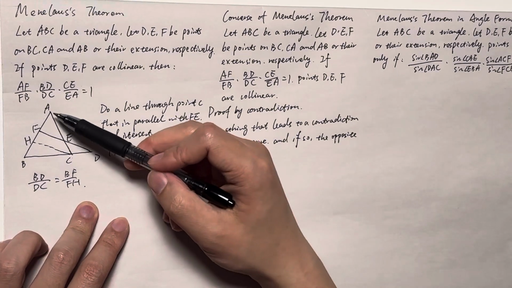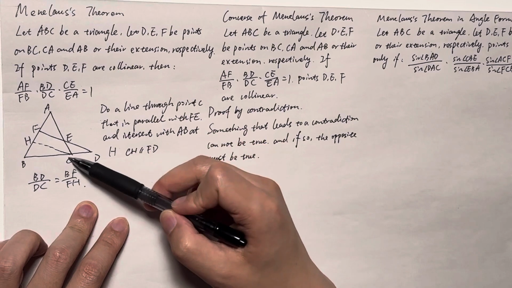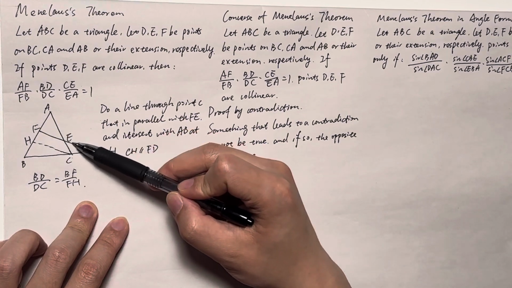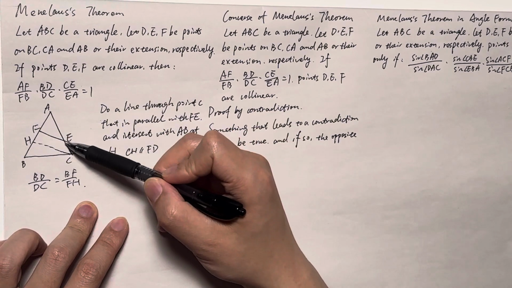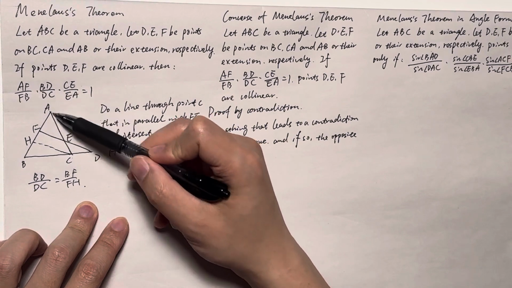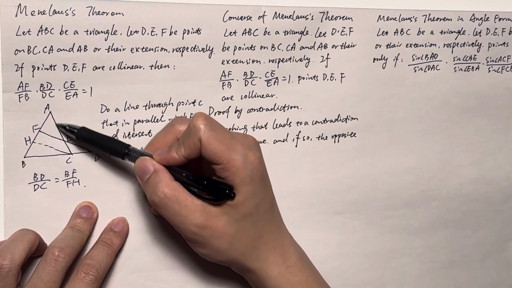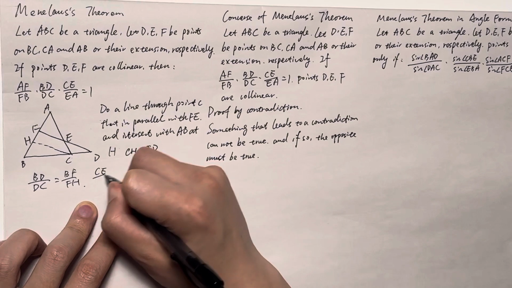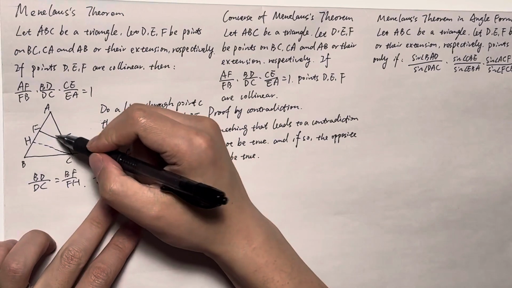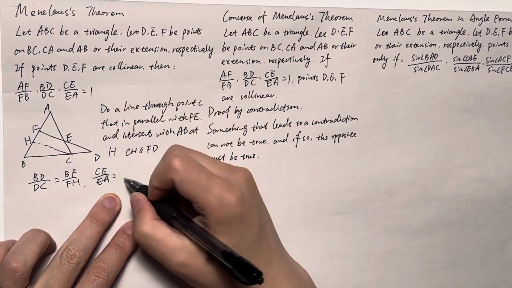Also in the triangle AHC, because HC is parallel with FE, CE divided by EA equals HF divided by FA.